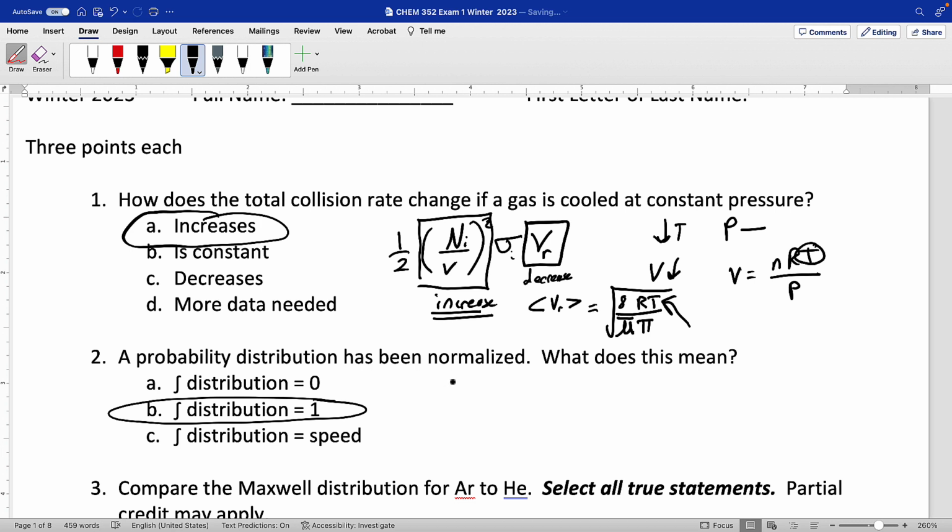So if we integrate any kind of distribution function over all space, and for a speed distribution, that would be integrating from 0 speed to infinite speed, that has to equal 1 for the function to be normalized. You're saying there's a 100% chance of that particle having some speed.